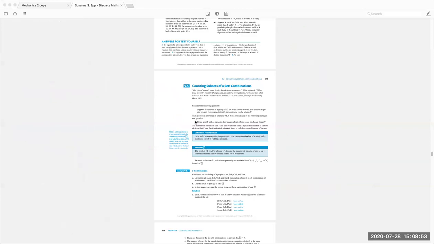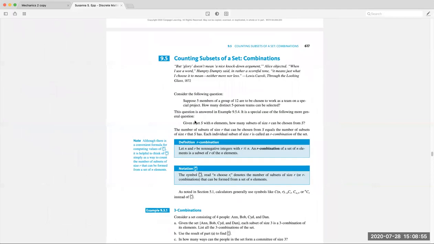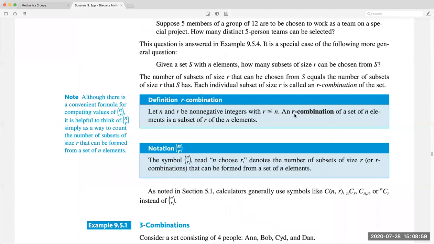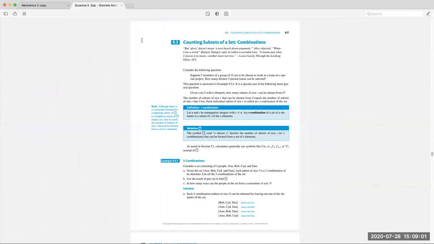So then let's go on to have a look at what NCR means. So you can have a look here. So this is NCR, right? They are not about the lineup. This is about the grouping. NCR equals the number of combinations.